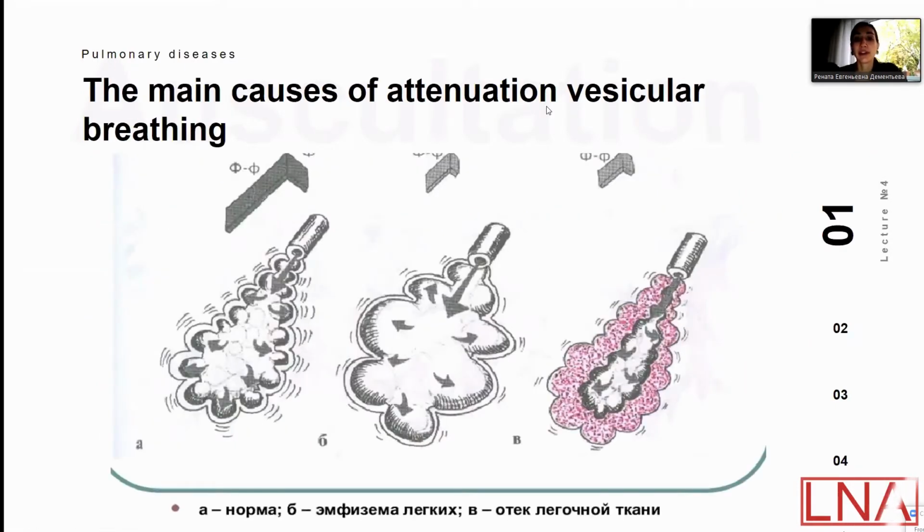And look at this picture. It's the normal graphic of vesicular breathing. Normally, in the structure, air enters the alveolus and it expands. The better example for understanding the mechanism of vesicular breathing formation is to imagine that this list of papers is the wall of an alveolus.